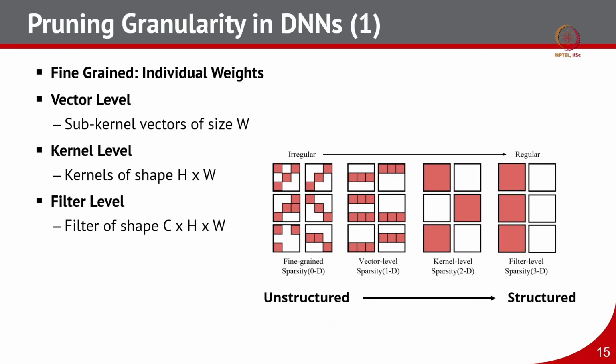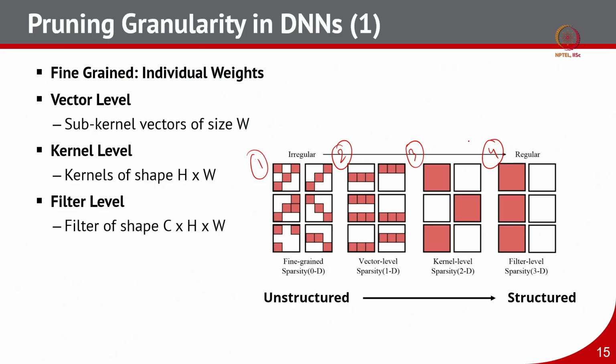Now, in case of a convolutional layer, there can be multiple pruning granularities in DNNs. The first granularity can be fine grained, where we can prune individual weights. For example, let us say we have these particular cases. Let us name them case 1, 2, 3 and 4.